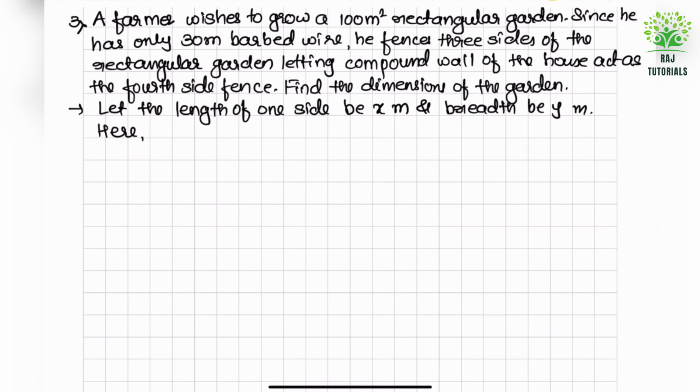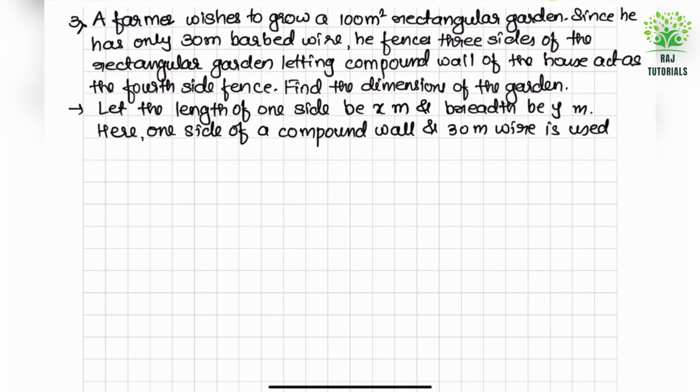Here one side is the compound wall and 30 meter wire is used for fencing. So I can say x plus y plus x equal to 30. Then y equal to 30 minus 2x.